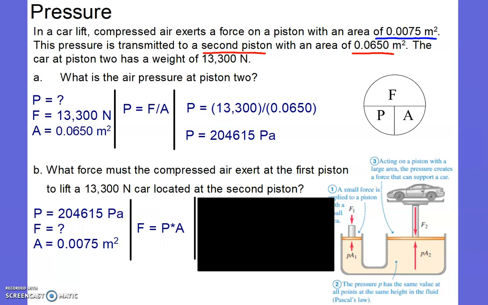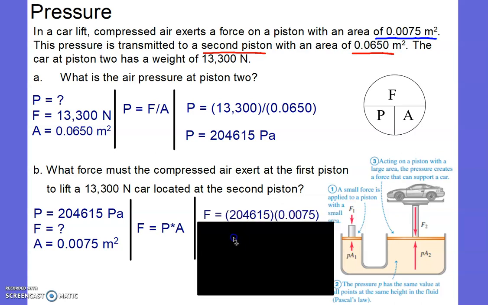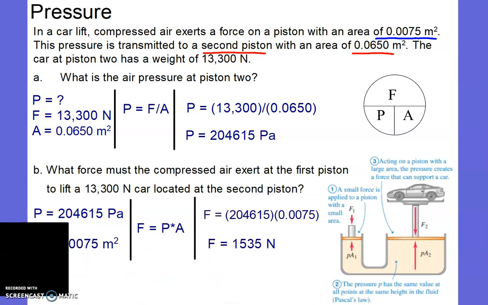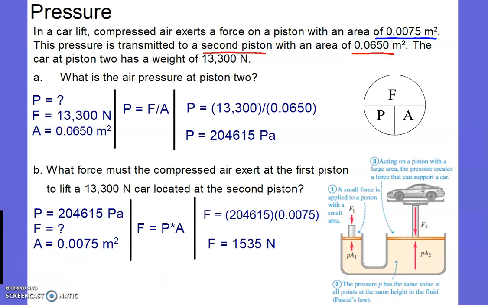When we multiply the 204,615 pascals and the 0.0075 square meters, we get a force of 1,535 newtons. Notice how much smaller that is than the force of the car.